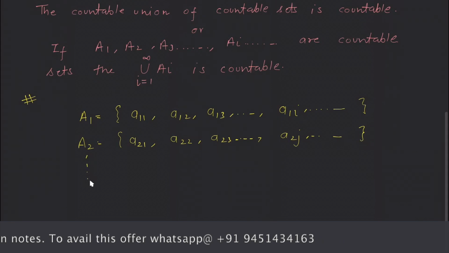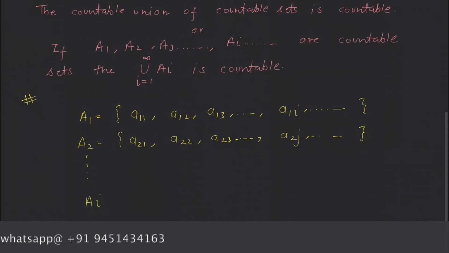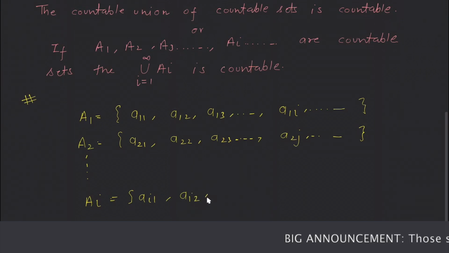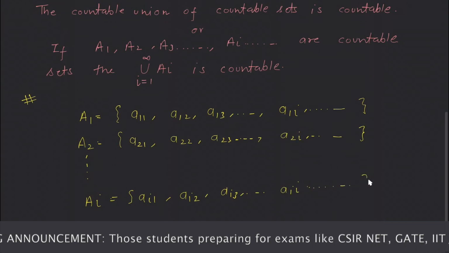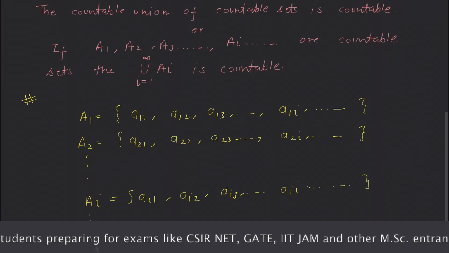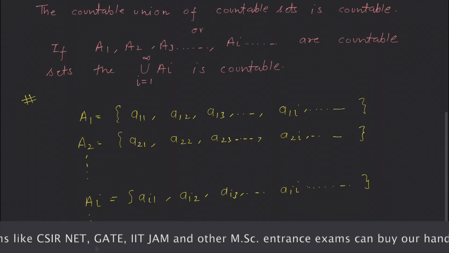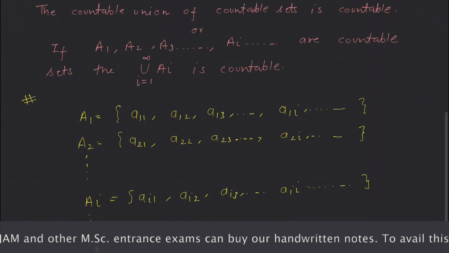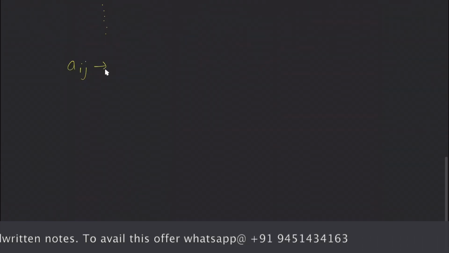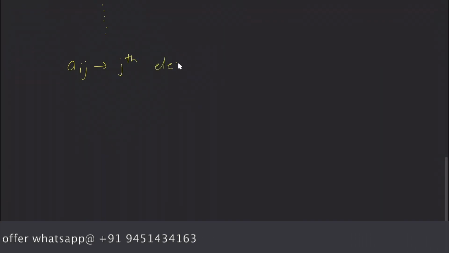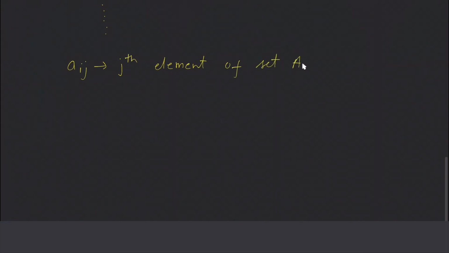And likewise, suppose the ith set Ai has elements Ai1, Ai2, Ai3 and so on, Aii and so on. So these are the elements of the sets. Now from this pattern we can say that Aij is the jth element of set Ai.